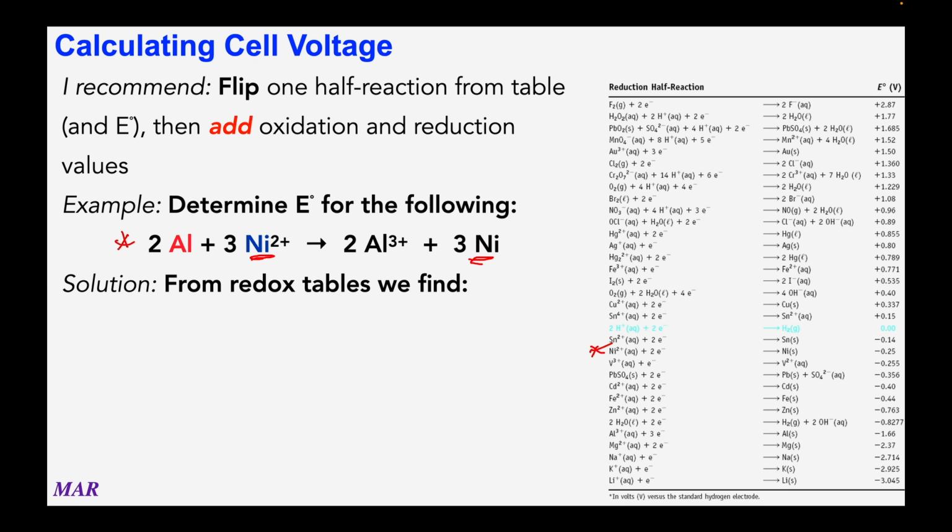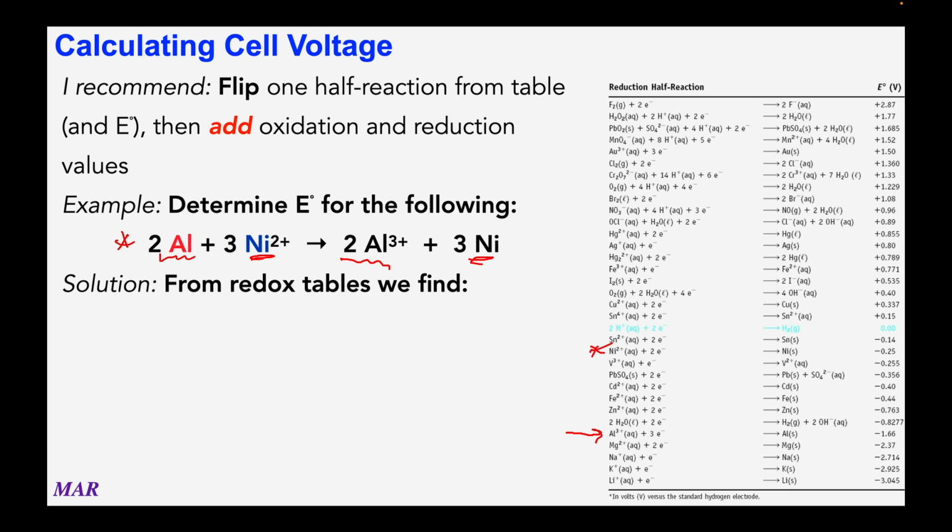But we also want aluminum going to aluminum 3 plus, and we don't have that reaction as is, but if you look right there, aluminum 3 plus is going to aluminum. It's the opposite of what we want. We want aluminum 3 plus as a product. It's giving us aluminum 3 plus as a reactant.